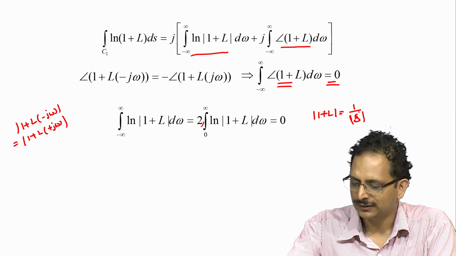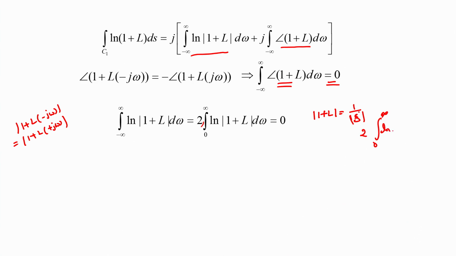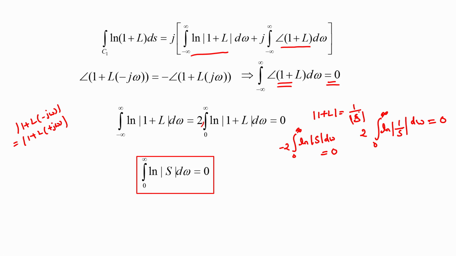We would therefore have that 2 times the integral from 0 to infinity of ln of magnitude of 1 by S d omega is equal to 0, or in other words, minus 2 times the integral from 0 to infinity of ln of magnitude of S d omega is equal to 0. So, if we cast this in a better form, we get this particular equation, namely that the integral from 0 to infinity of ln of magnitude of S d omega is equal to 0.